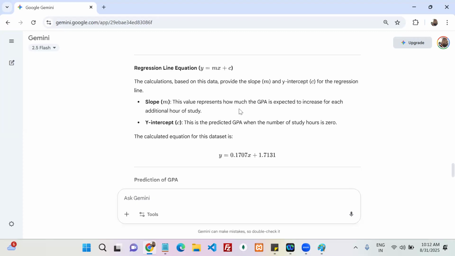The next one is, once you have the data, we are going to visualize the data also. What does visualizing the data mean? In statistics, you have the data, you analyze the data, and finally you have to visualize it. So how can we visualize the data?